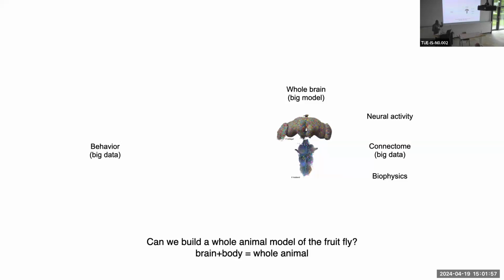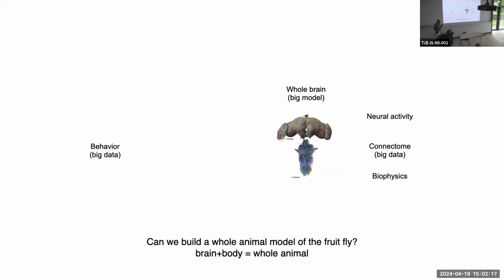So a naive computational neuroscientist like me might say, what's next? Let's build a model of the entire nervous system. Can we do that? Well, we live in the age of AI and big models. And so can we build this?